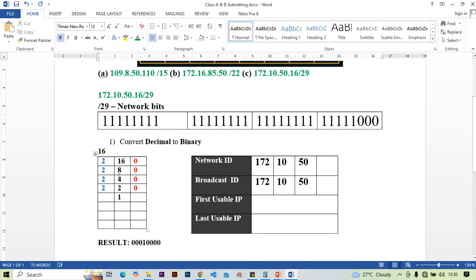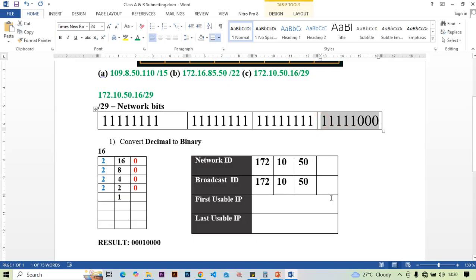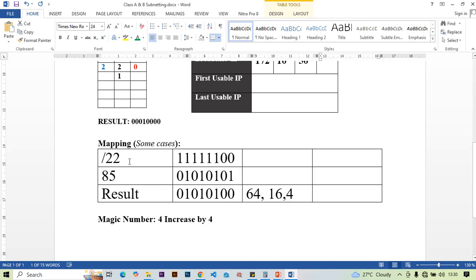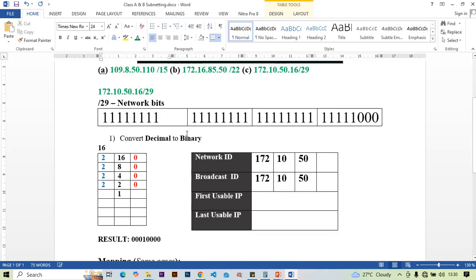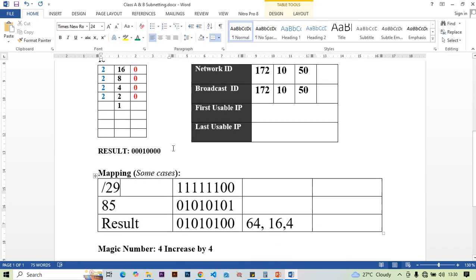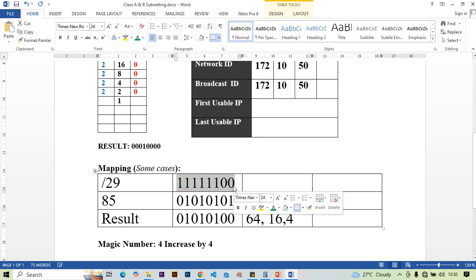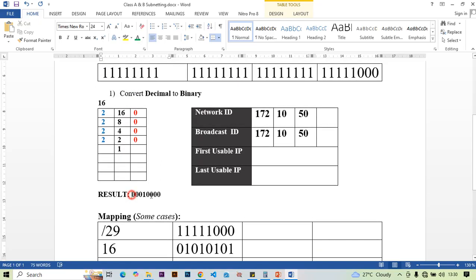So what do we do? Our 16 is the representation of this. We'll copy this. Okay, we'll bring it down here. Sorry, we're mapping 29 onto 16. So 29 is represented by that value there, and then our 16 is represented by this value right here.